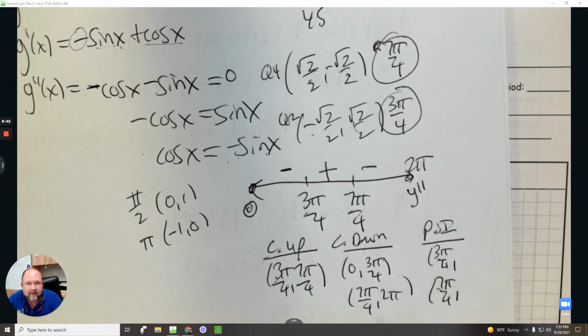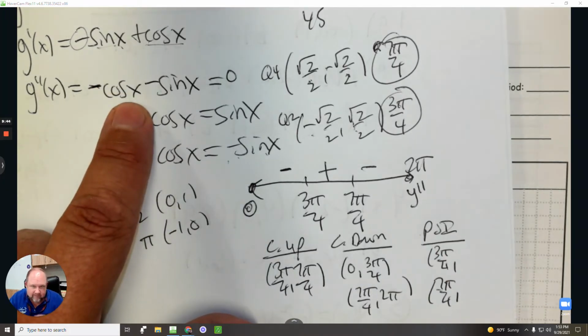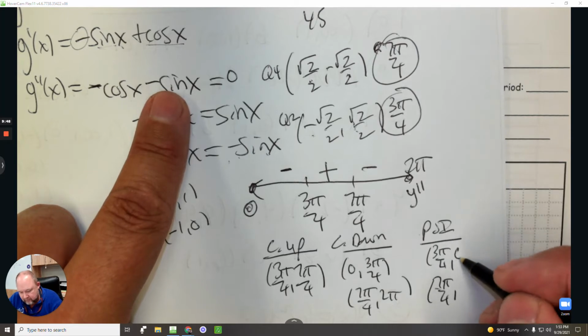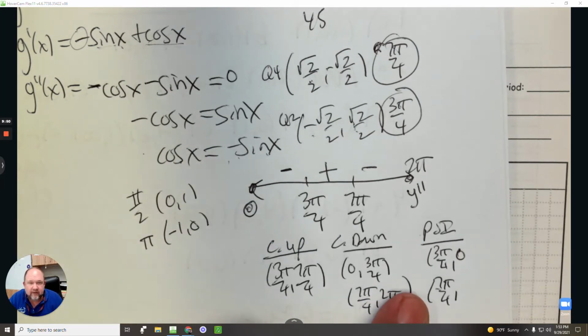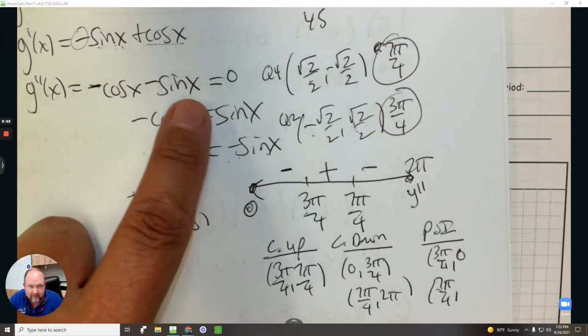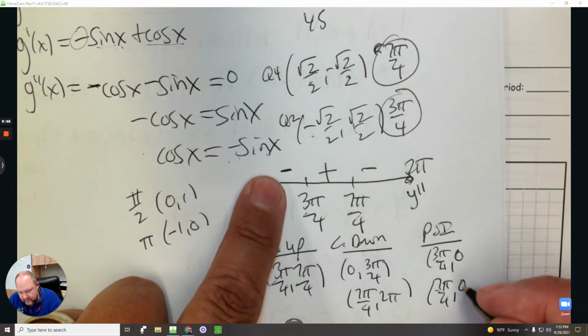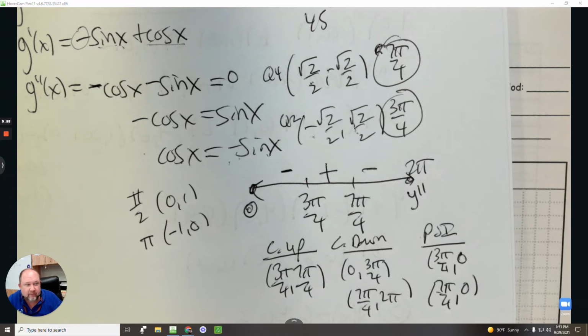Now, if I plug in 3 pi over 4, one's positive and one's negative, it's going to give you the answer 0. And if I do the same for 7 pi over 4, it's the same value, but one's positive and one's negative. So when you combine it together, the answer is 0. That's where the point of inflection is.